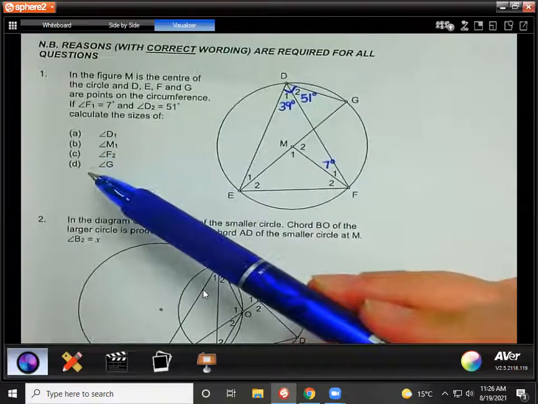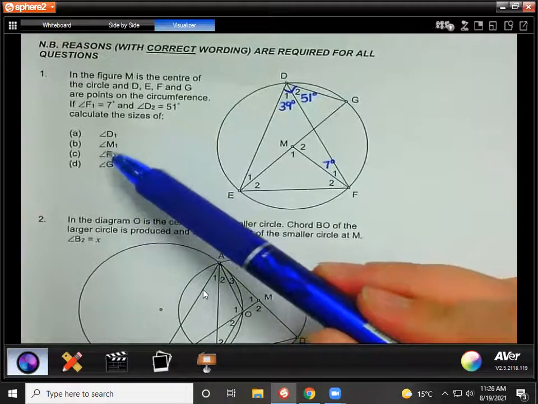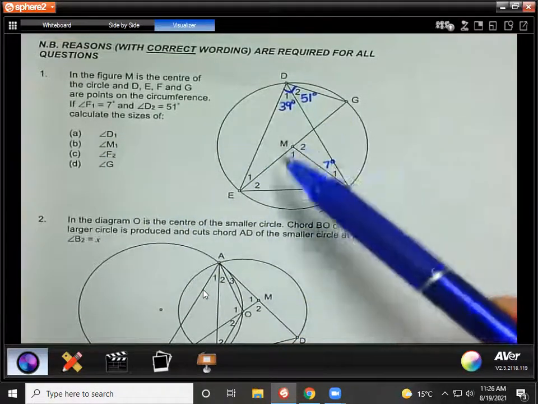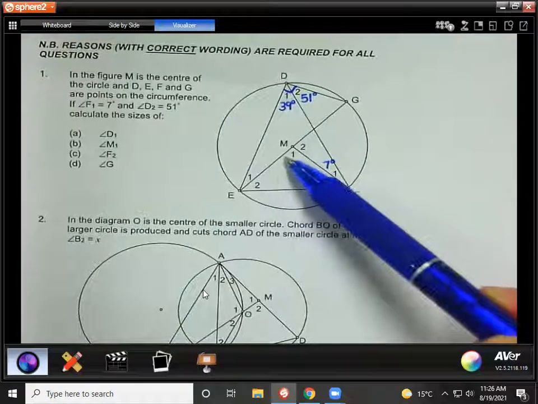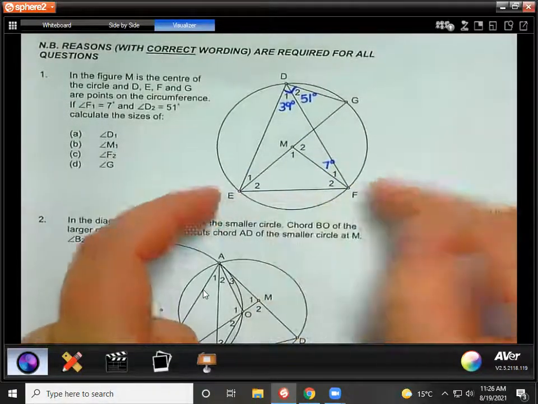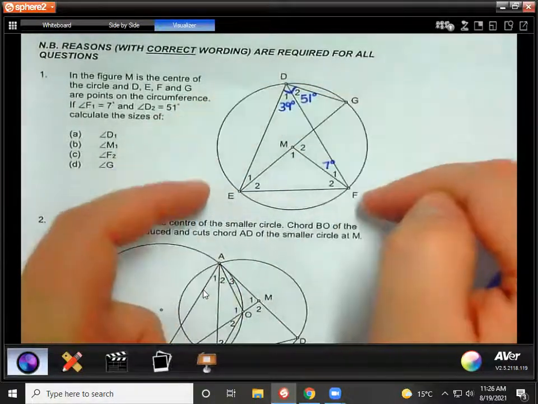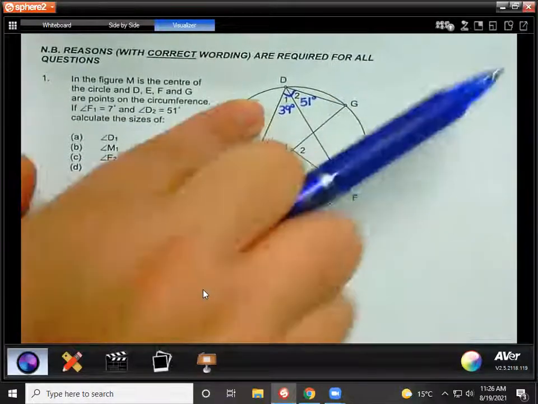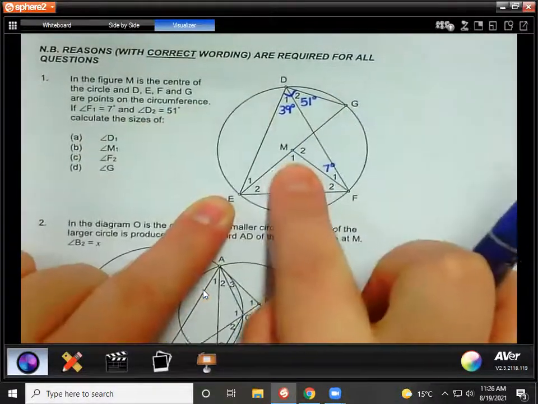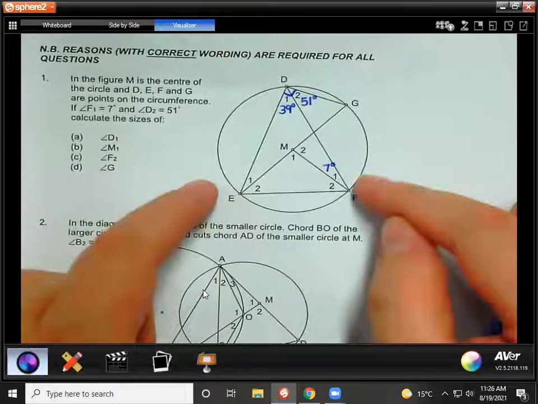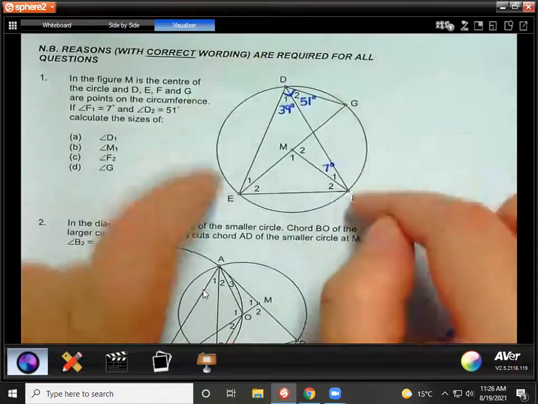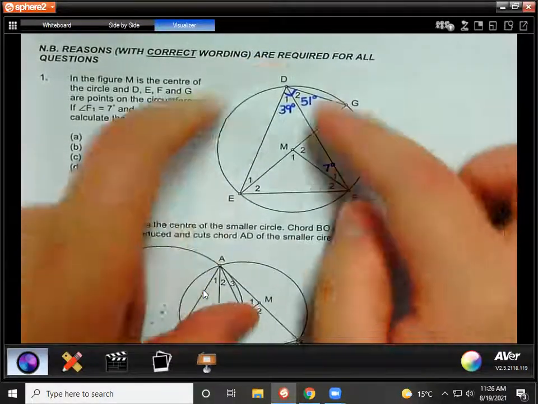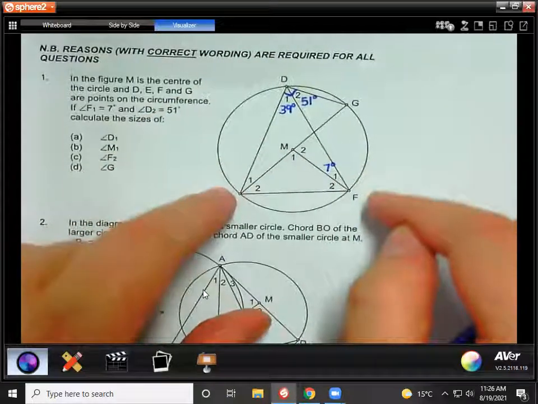We'll find that one. All right, for B, now we need to find M1. Now, guys, you see what I meant? M1 is now the angle at the center, subtended by EF, and D1 is also subtended by EF at the circumference. So now we actually need to use this answer to get M1. M1 is going to be double D1 because D1 is at the circumference and M1 is at the center.